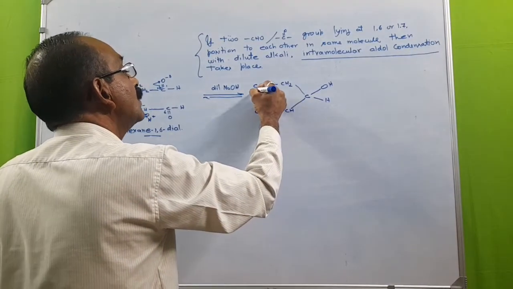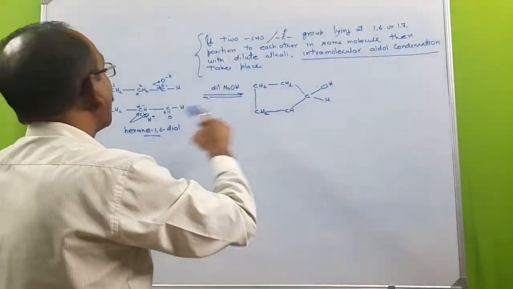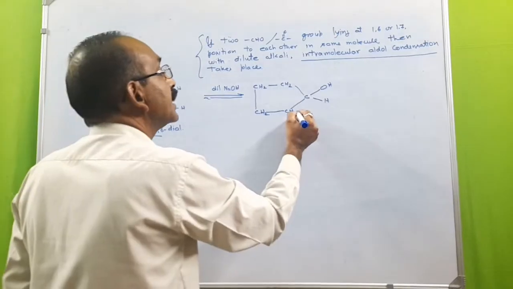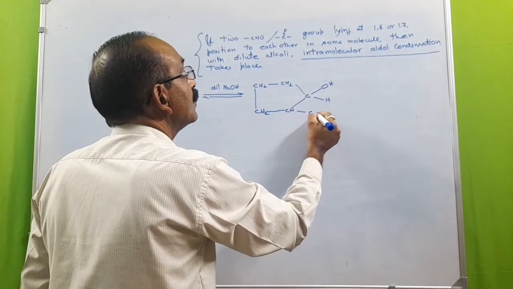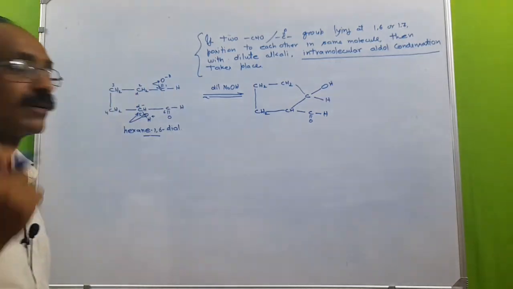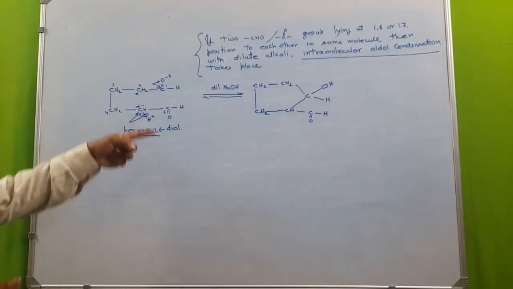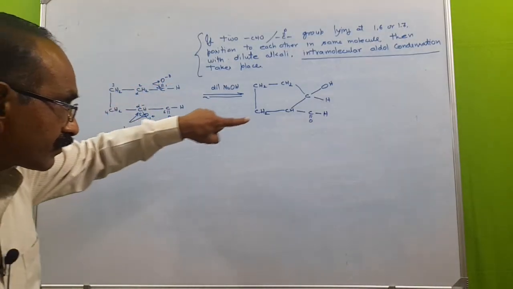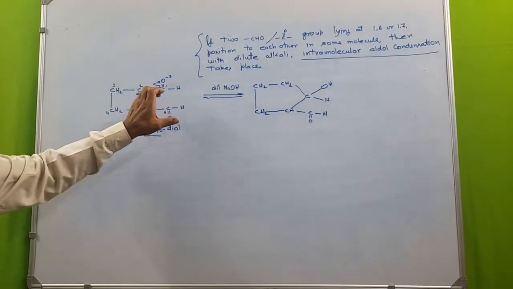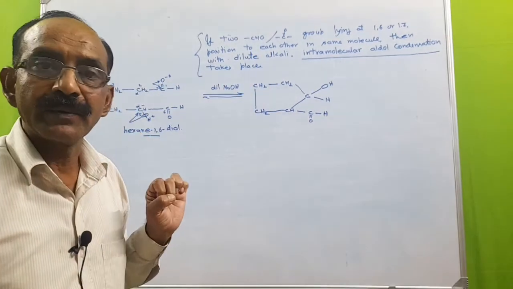Here there's a CH2, there's a CH2, and at this carbon there is a CH group. So you will get this type of compound. So here the aldol condensation occurs, but within the same molecule.